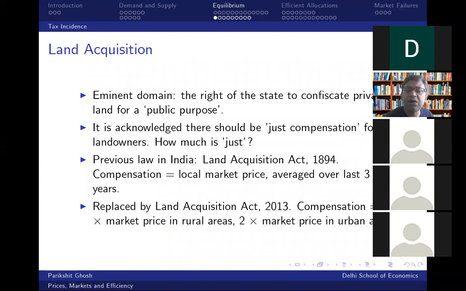Now, that of course has been controversial, and the laws typically say that eminent domain can be applied only when there is a public purpose, right? That's what laws say. However, courts in most countries, including India and the US, have interpreted this public purpose very, very liberally.